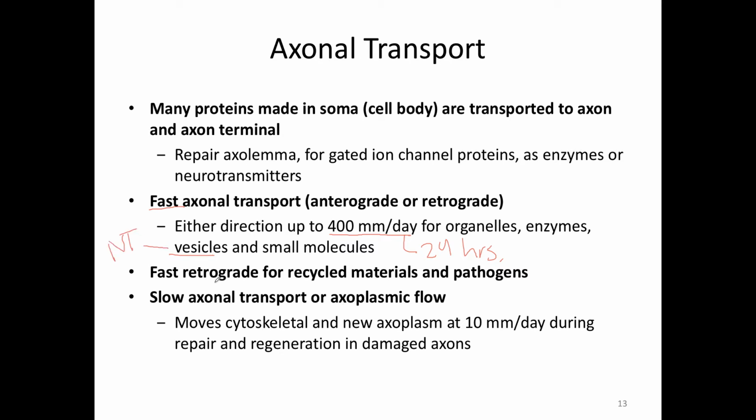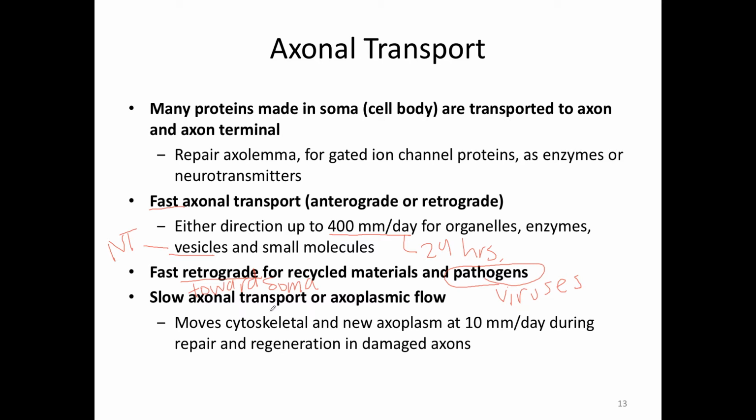There is fast retrograde transport, so retrograde means toward the soma. And this is for recycled materials and pathogens. So I mentioned in lecture and in the last PowerPoint slide, sometimes these pathogens include viruses, especially ones like herpes that like to hide in the dorsal root ganglion.